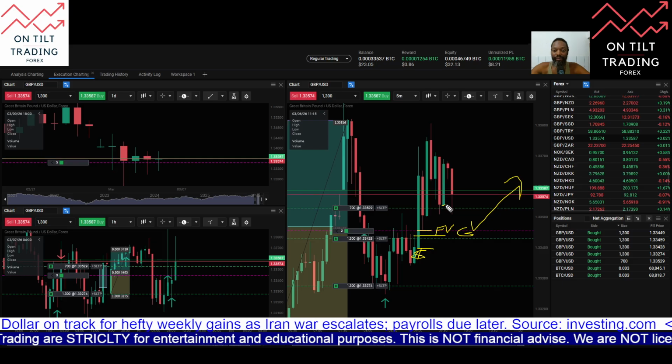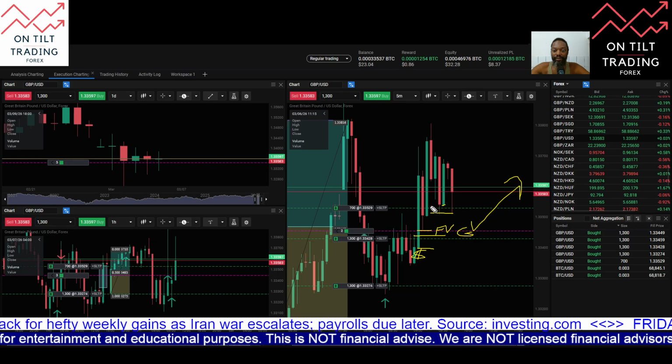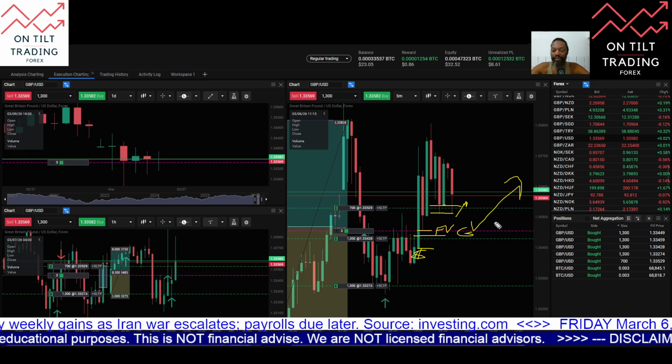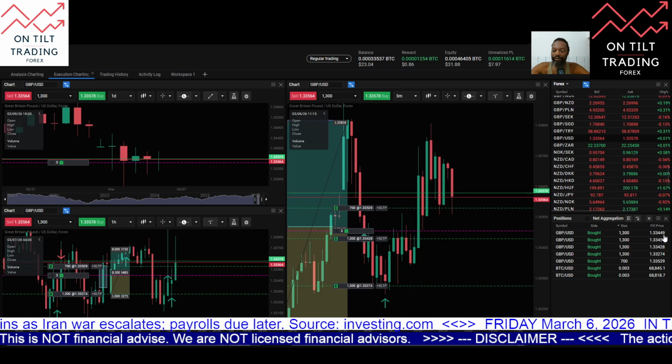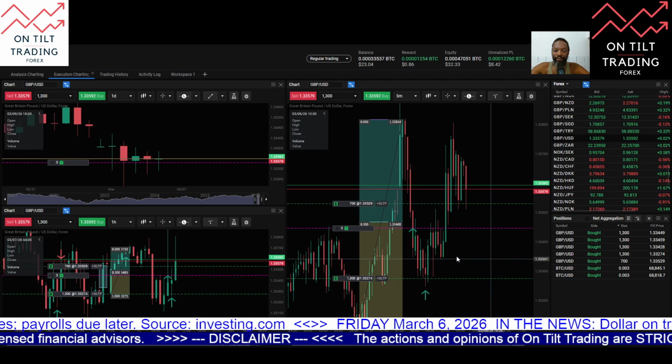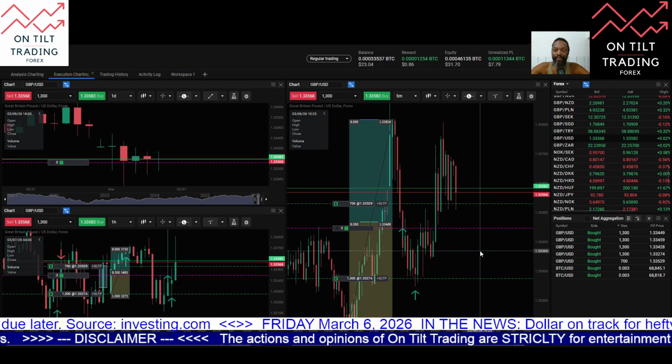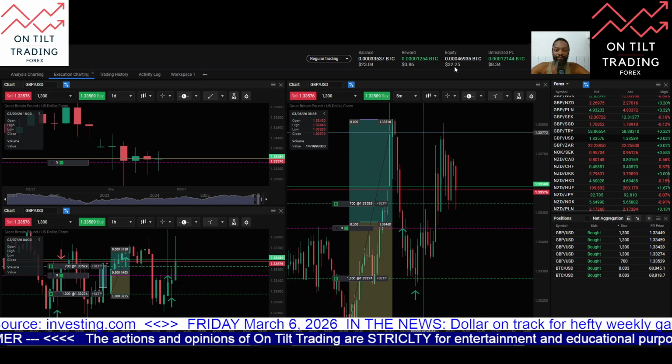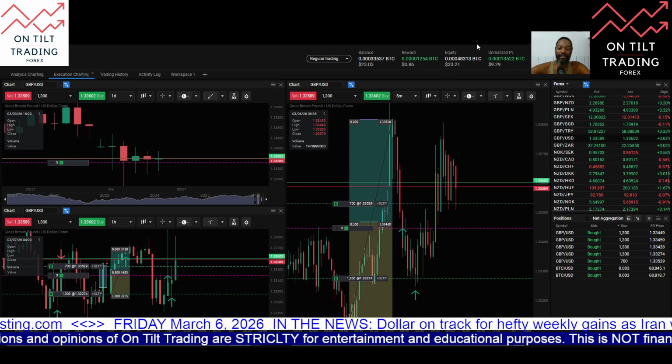But also these sweeps here could also send price back to the buy side. So plenty of opportunities, even though price is looking like it's failing, for price to redeliver to the buy side. And plenty of liquidity to the buy side to seek.